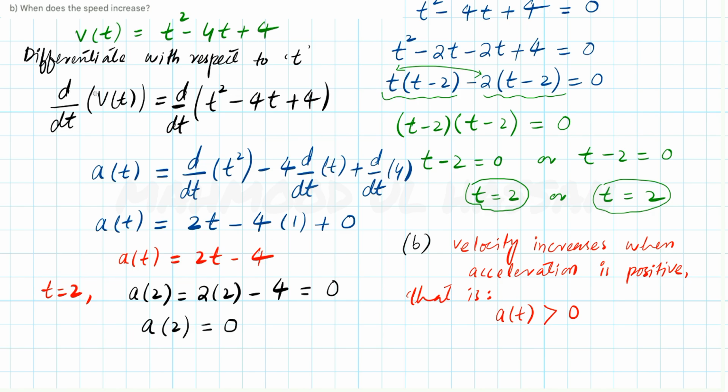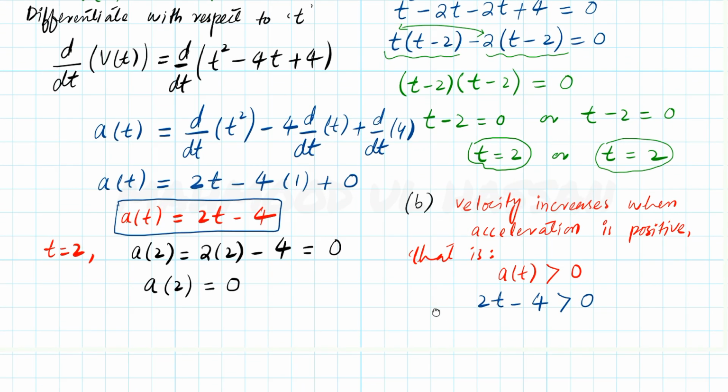We know that a of t is 2t minus 4, so we replace a of t by 2t minus 4, which is greater than 0. Now we have to solve this inequality for t.